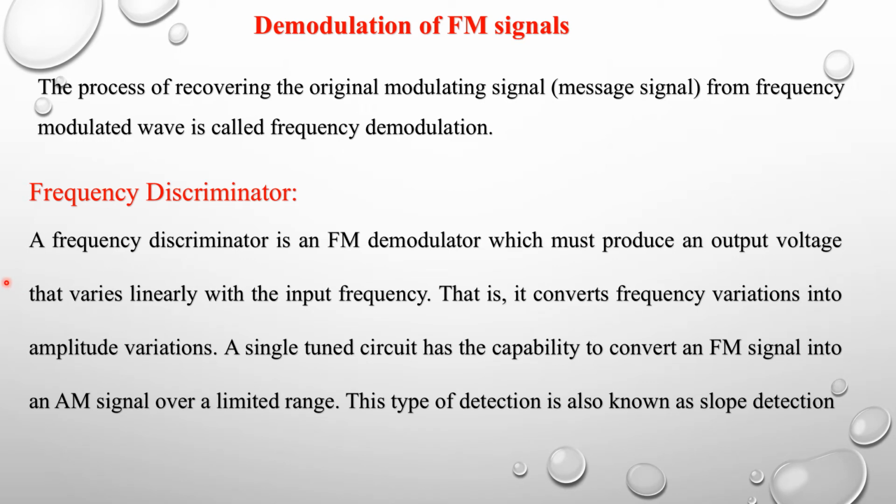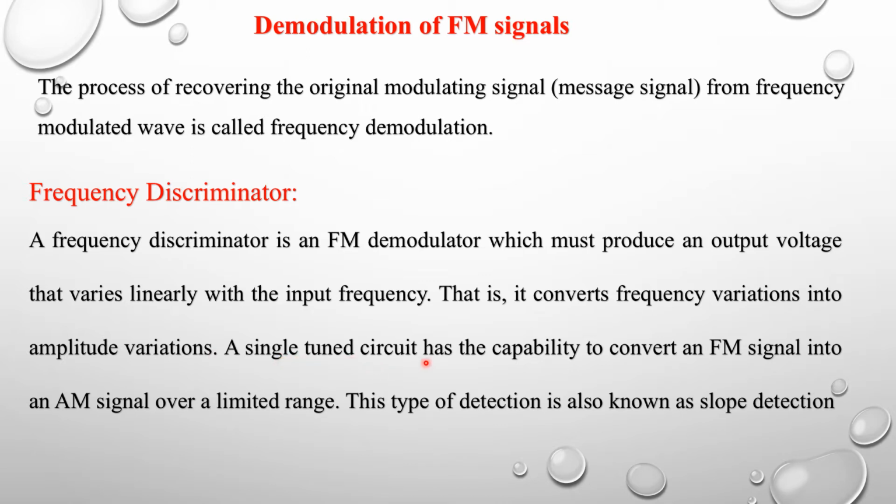A frequency discriminator is an FM demodulator which must produce an output voltage that varies linearly with the input frequencies. That is, it converts the frequency variations into amplitude variation.